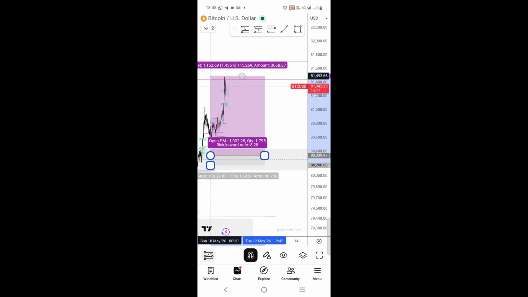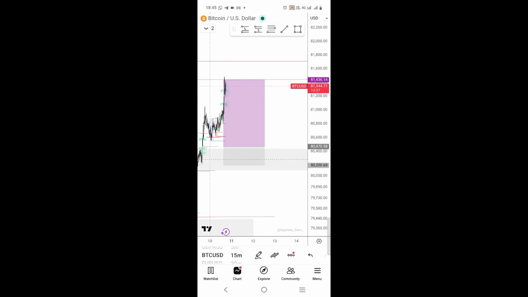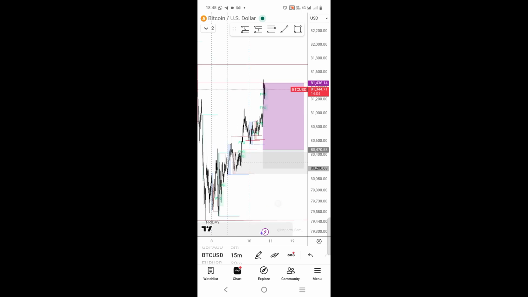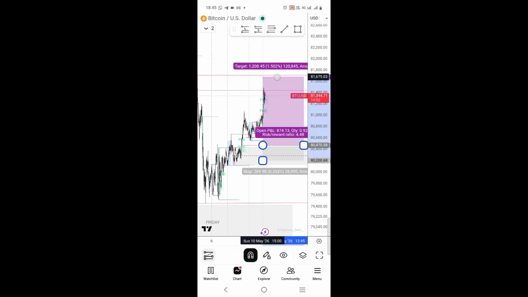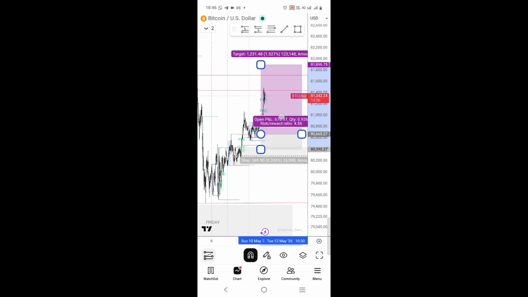Sorry, I think there was a mistake there. This was supposed to be 5R, and the top of the trade is about 7R, thereabouts. Sorry, the entry shifted.